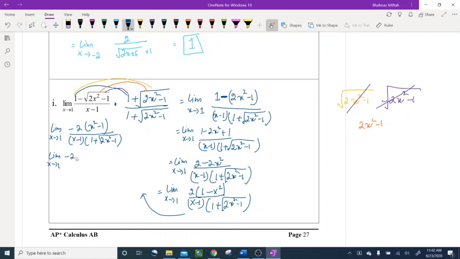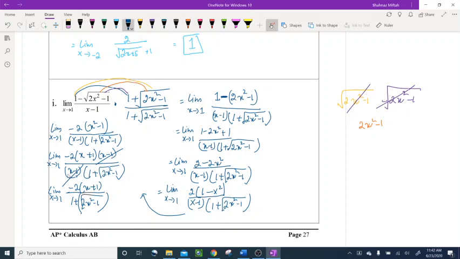So I'm going to go negative 2 times (x plus 1)(x minus 1) over (x minus 1) times (1 plus the square root of 2x squared minus 1). x minus 1 cancel out. When it's x squared minus 1, it means you have to do one positive, one negative. So they cancel out, and I'm left with limit as x approaches 1 of negative 2 times (x plus 1) over 1 plus the square root of 2x squared minus 1, and close.